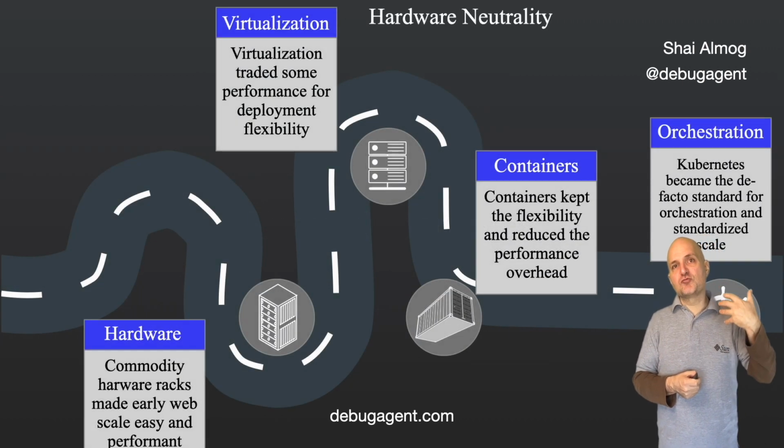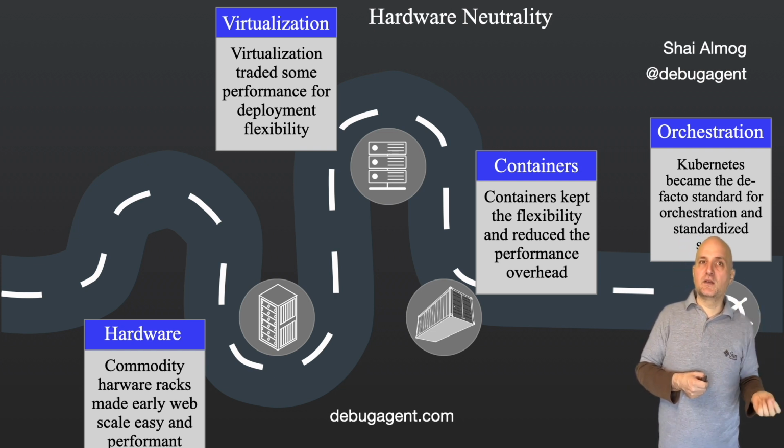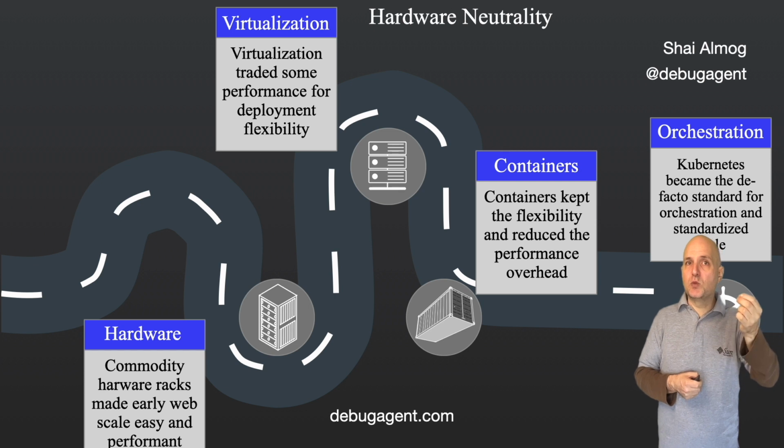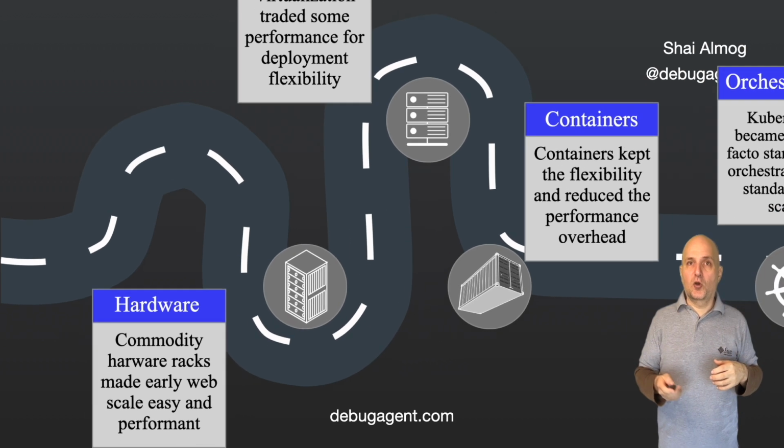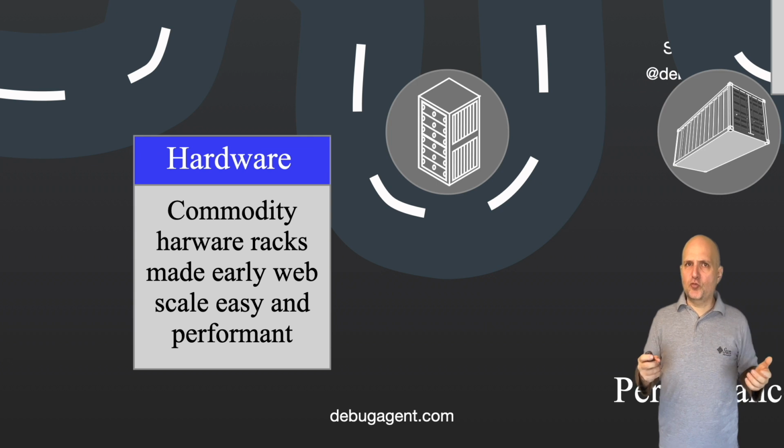Before we continue, let's review the stages in history leading us to Kubernetes, which trades between performance on the bottom to hardware neutrality on the top. Let's review the individual stops along the way. Historically, we deployed directly on bare metal hardware.